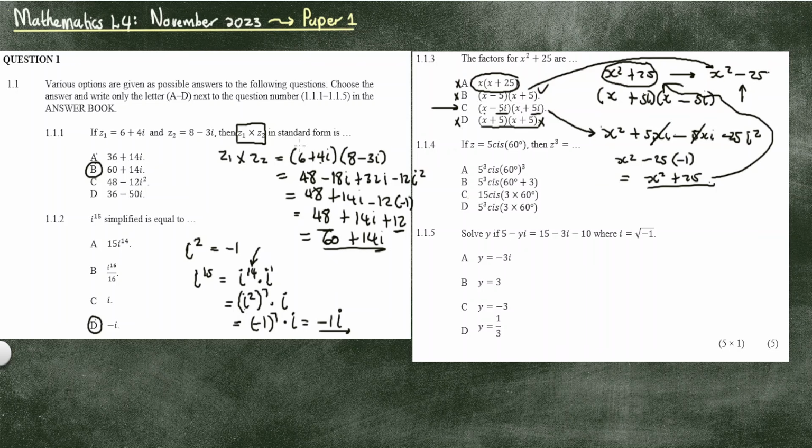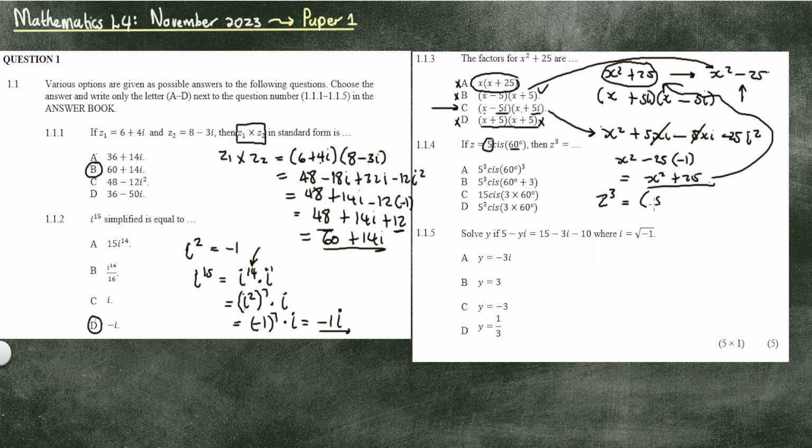Okay. So 1.1.4, it's the Moivre's theorem, right? So taking z and raising it to an exponent of 3. The theorem states that the coefficient will be raised to the exponent 3 and the angle will be multiplied by that 3, right?